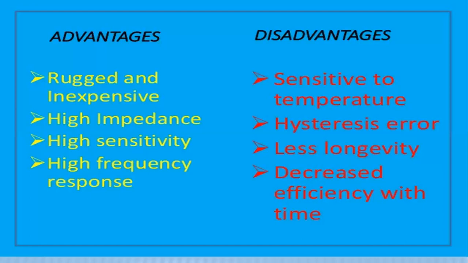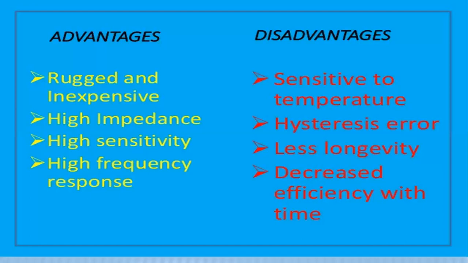And what are the disadvantages of this accelerometer? One is sensitivity to temperature, and another is hysteresis error, less longevity, and decreased efficiency with time. The temperature tolerance is very low. In this type of accelerometer, we can operate only at normal temperatures.